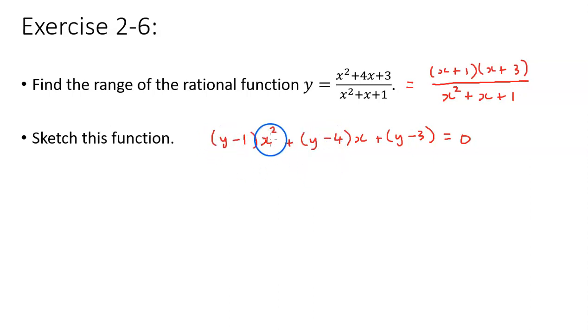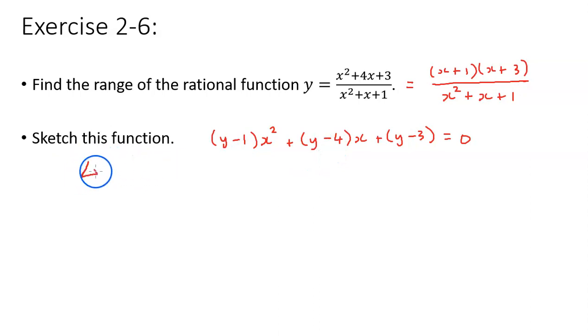And then if a value of y is going to be in the range of this function, that means there's going to be a value of x that is sent to it, which means the value of x makes this equation true, because this equation and this equation are equivalent to one another. And so we just need to check for what values of y the discriminant is greater than or equal to 0.